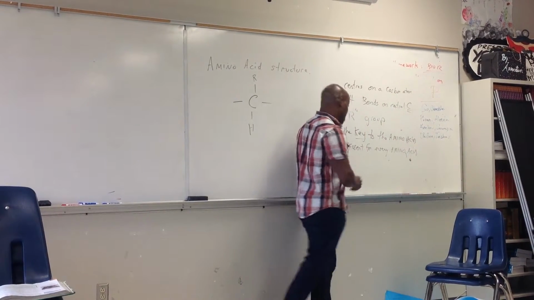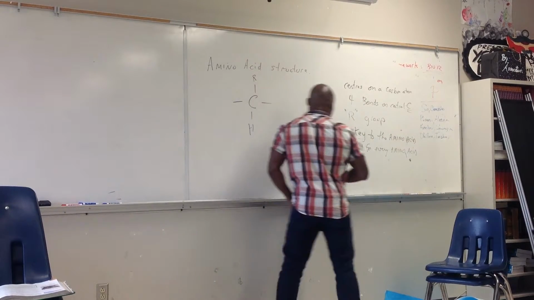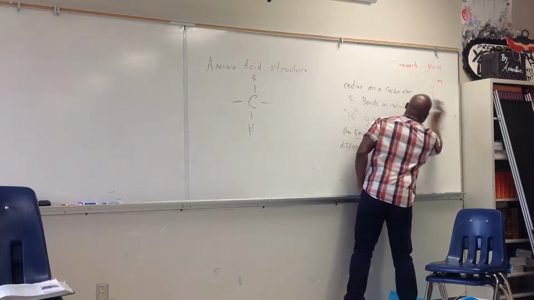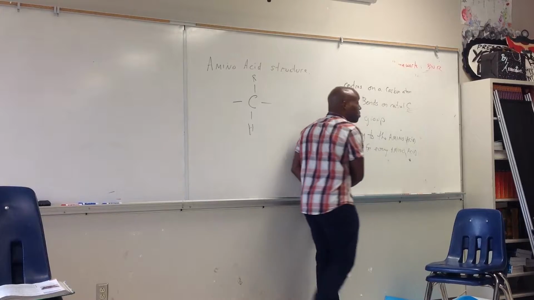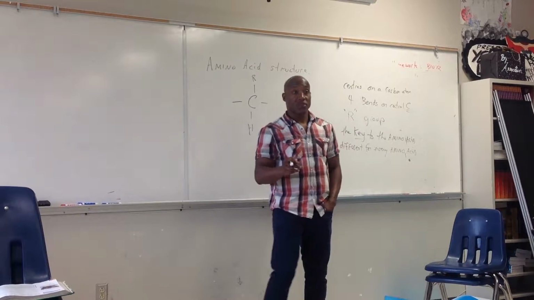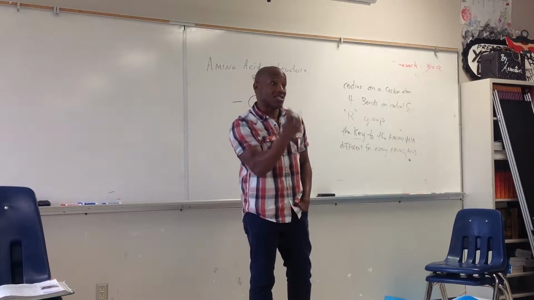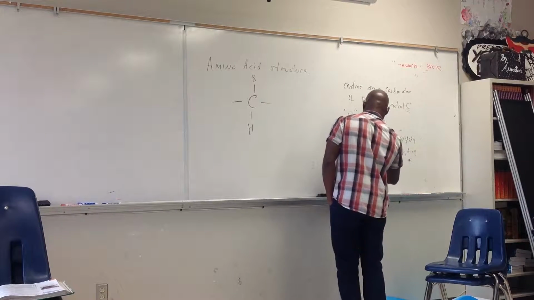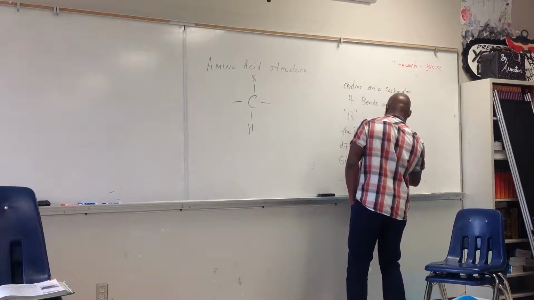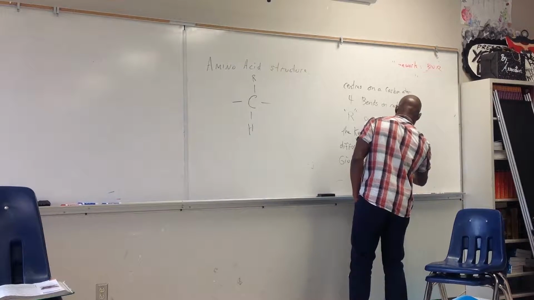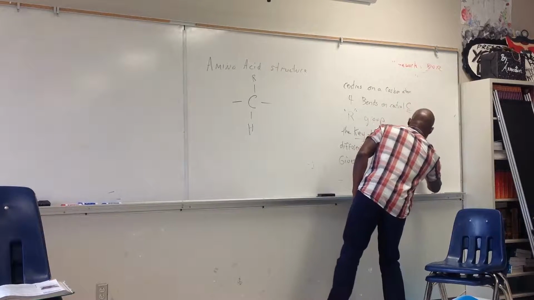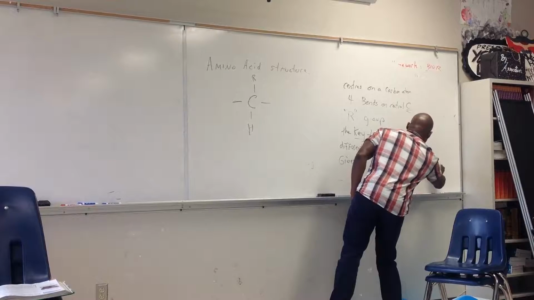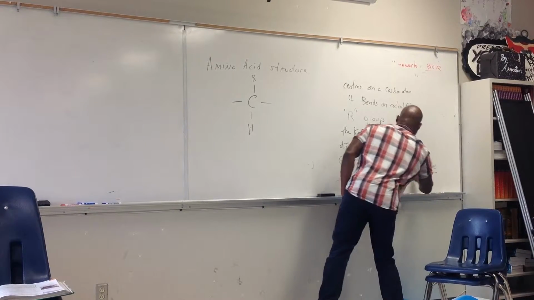It's different for every amino acid, and not only that, it gives the amino acid its properties. The properties of the amino acid that are different are set by the R group. Okay?